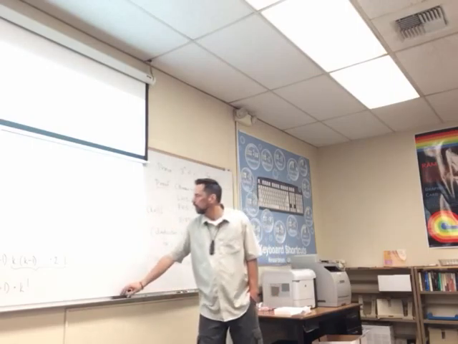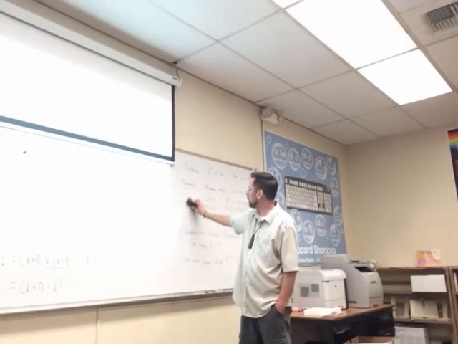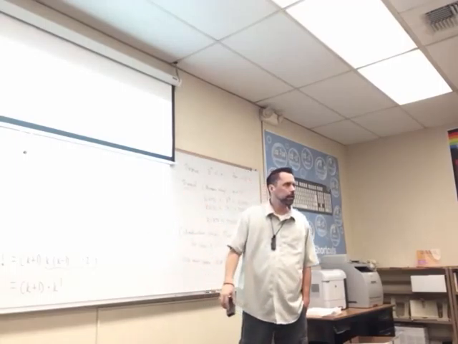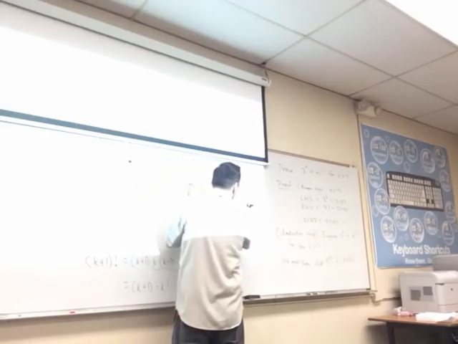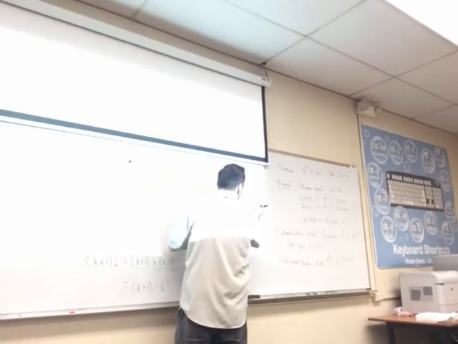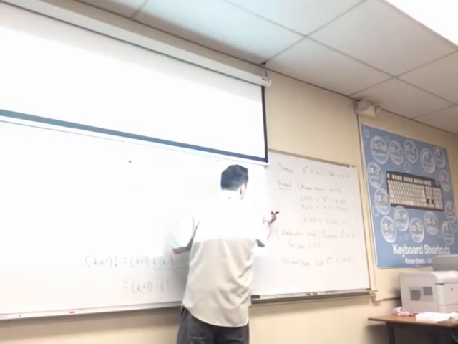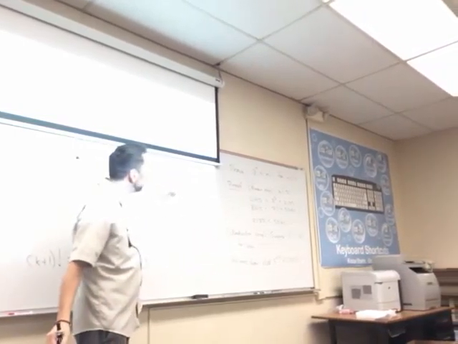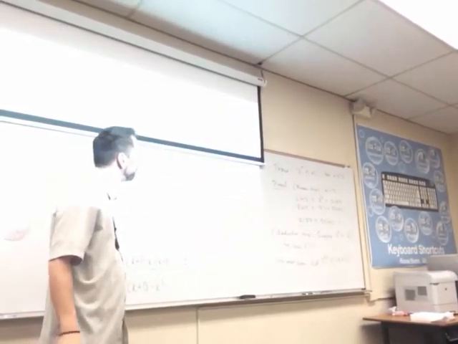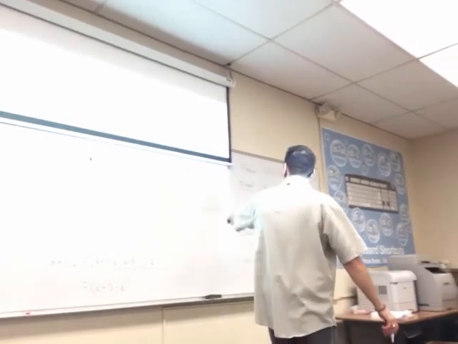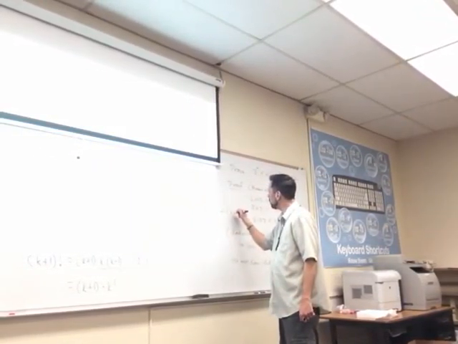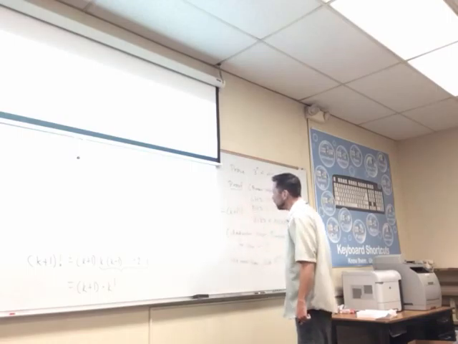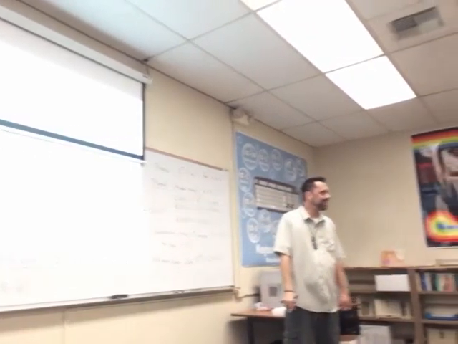But now I'm going to pretty it up so it doesn't look like I cheated. 3 times k factorial is less than k plus 1 times k factorial, because k is greater than or equal to 7. And k plus 1 times k factorial is exactly equal to k plus 1 factorial. That does it.